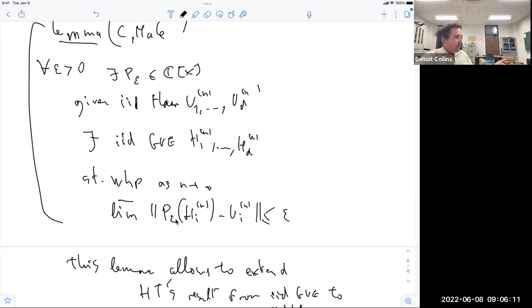Maybe if you look at the total variation distance between this guy and that guy, they are very far away. So really what we care about is that the operator norm distance is small.